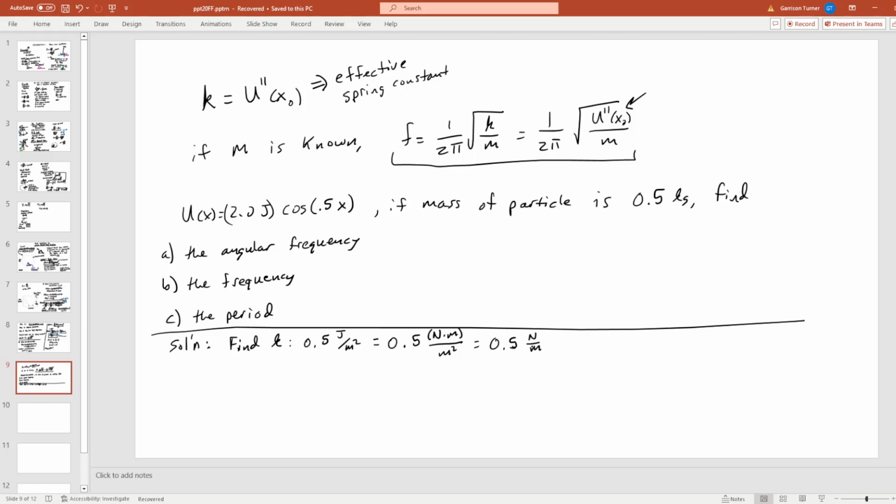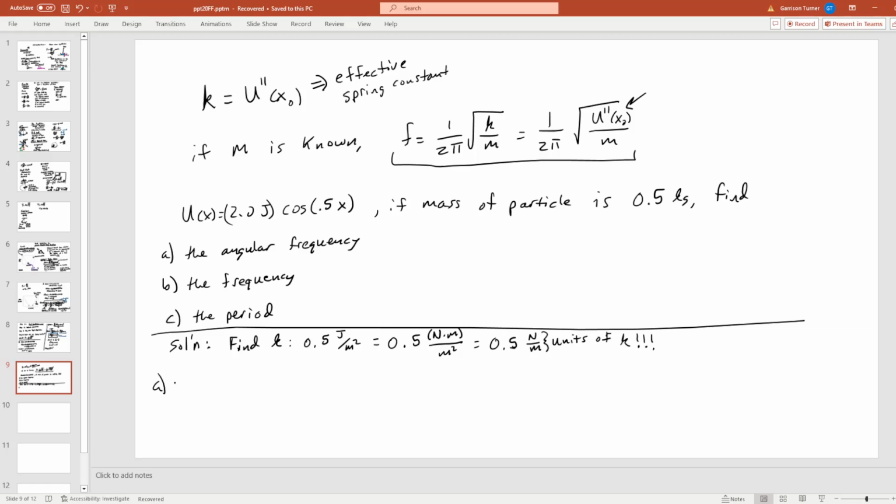Okay? So these are the units of your spring constant. These are units of a spring constant. And that's worth 3 exclamation points. Right? So we found K. We know that the mass is 0.5 kilograms.